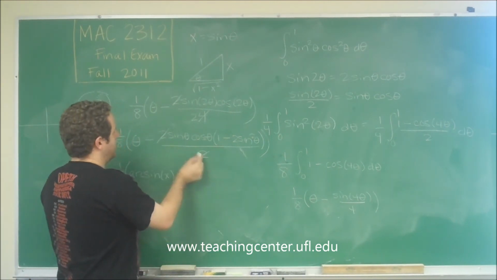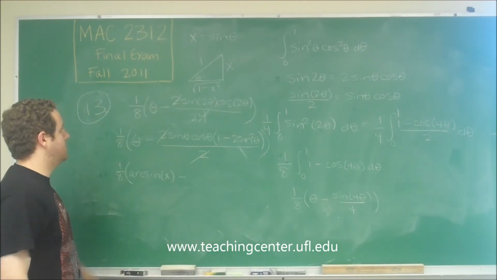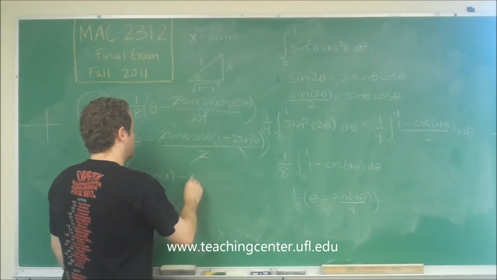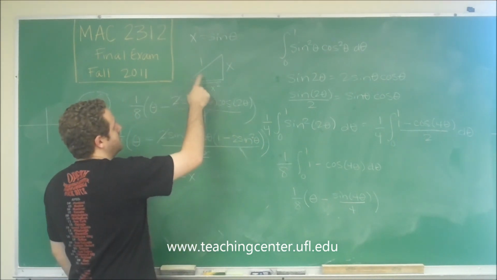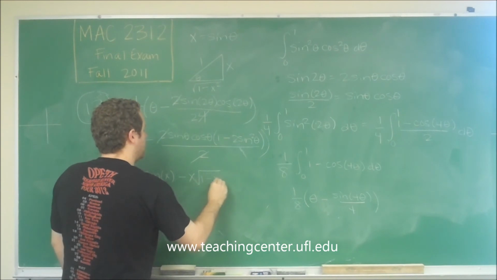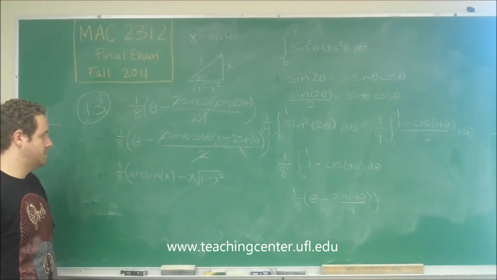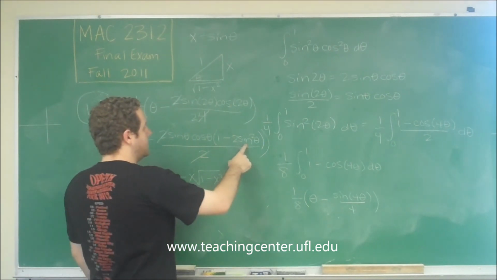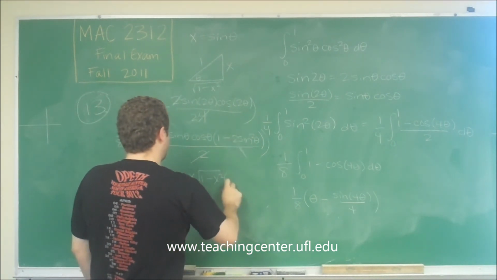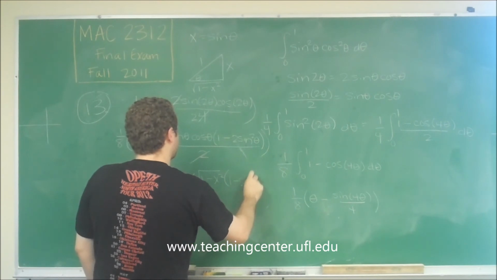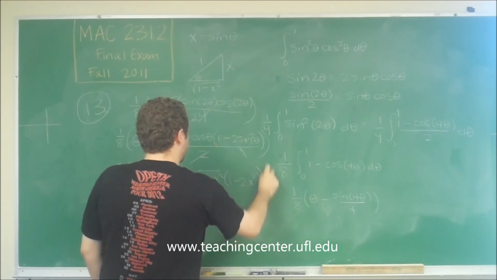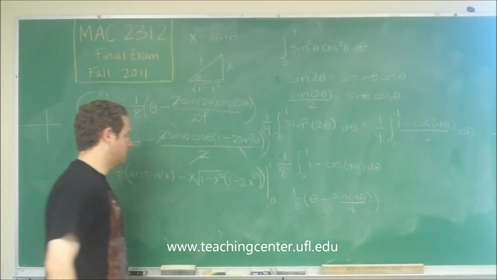Now we don't have any fraction here because these 2's canceled out. We can just substitute everything. Sine theta is x. Cosine theta is square root of 1 minus x squared, by using that triangle, adjacent over hypotenuse. And this sine theta is still just x, so we have 1 minus 2x squared. And this is all from 0 to 1.